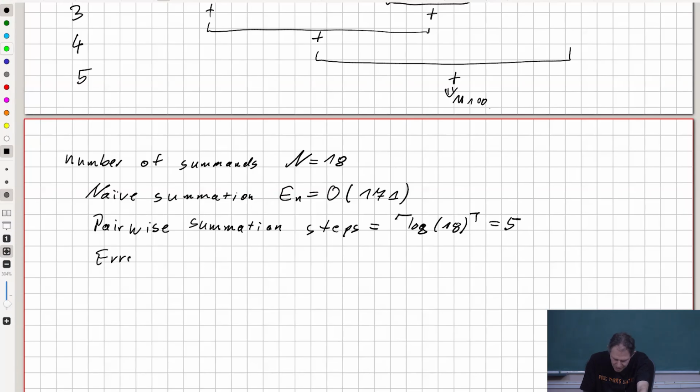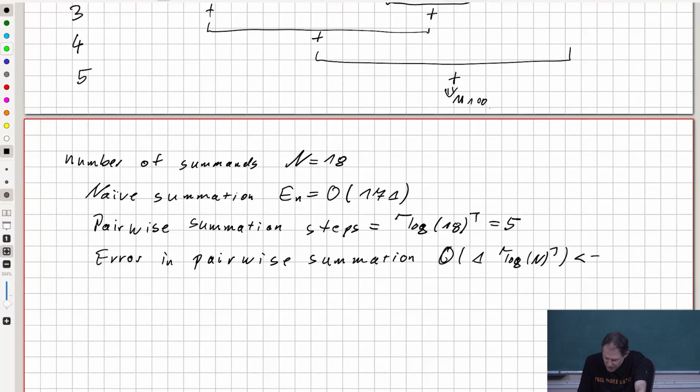So the error in pairwise summation, at least according to this simple model, is of order delta times the logarithm of n, which is of course smaller or equal than delta times n. Okay, so you should do all your sums in this particular way.